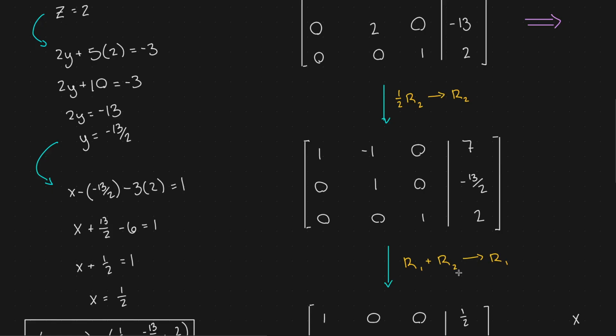There are certain row operations we can perform and still keep the system we get equivalent to the original system of equations. We call these row operations elementary row operations. And we have three elementary row operations.